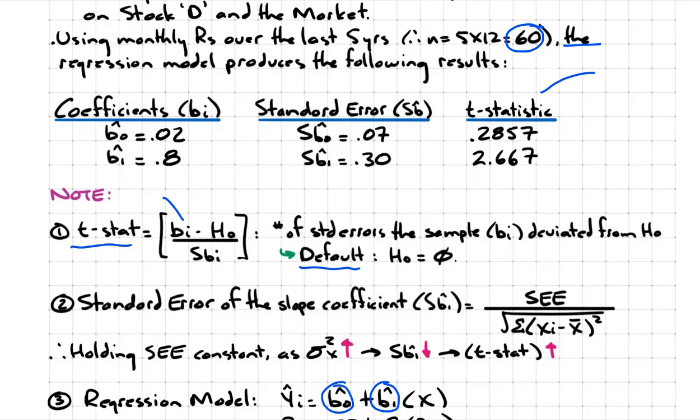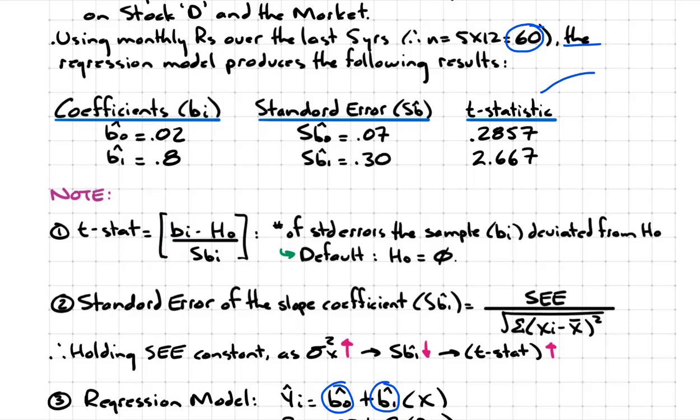Now the default assumption for the hypothesized value is 0. So what's going on here? Basically, we want to see if the values for beta, the B's, the coefficients, are significant. In other words, are these values far enough away from 0 that we could consider them to be significant?